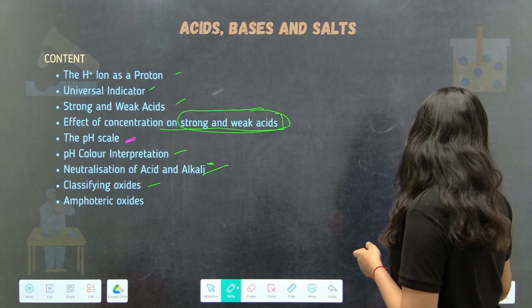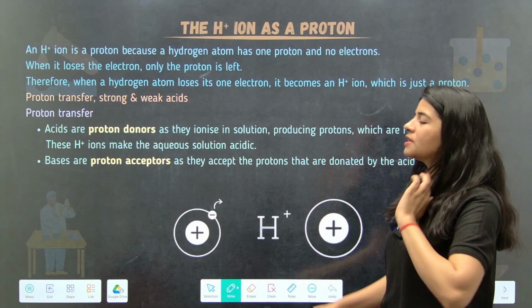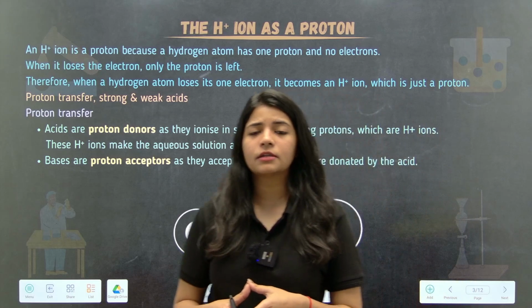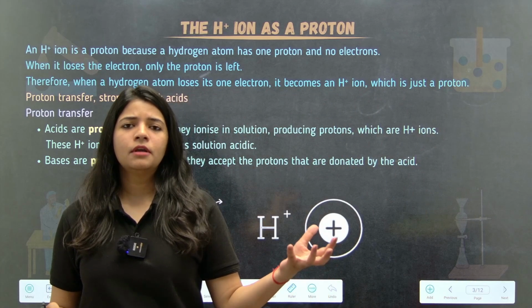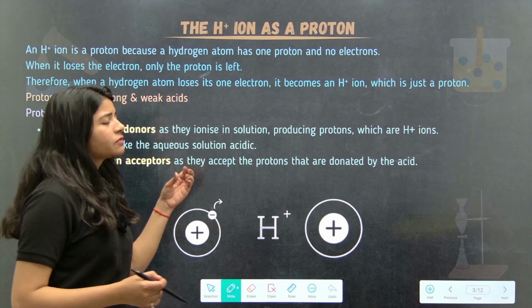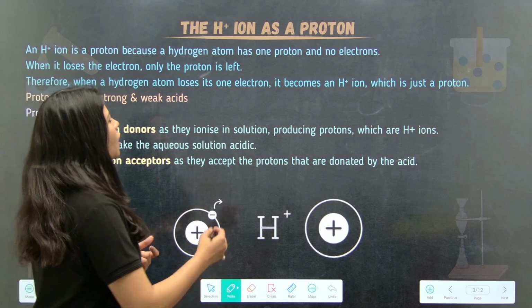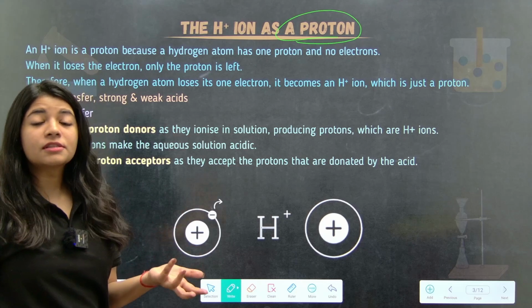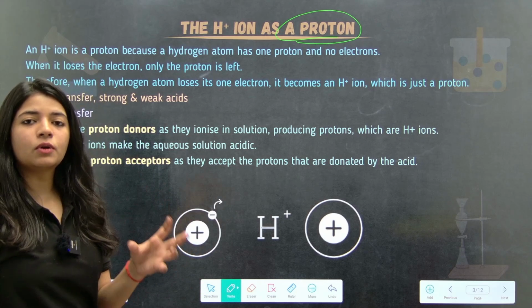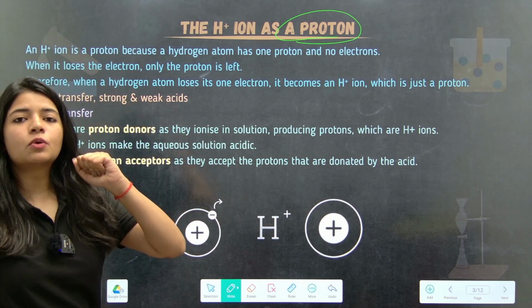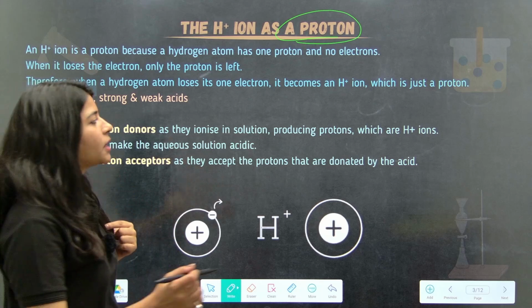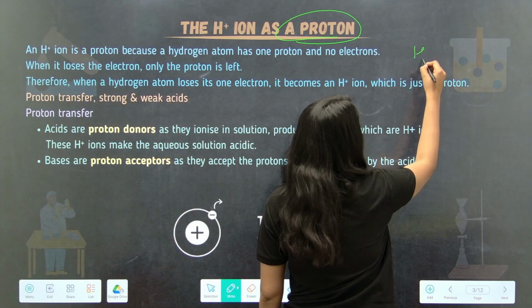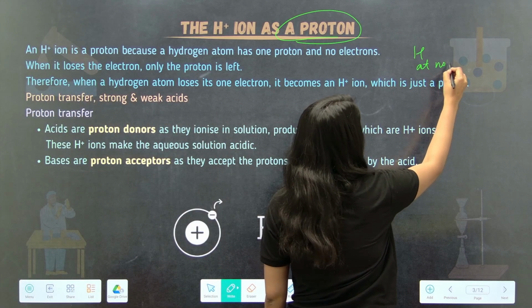So first let's understand what an H plus ion is and why it is important in acids, bases and salts. H plus is also known as proton. Now you must be wondering why it is known as proton. Proton is a subatomic particle present in the nucleus, but H plus is also known as proton because the atomic number of hydrogen is 1.